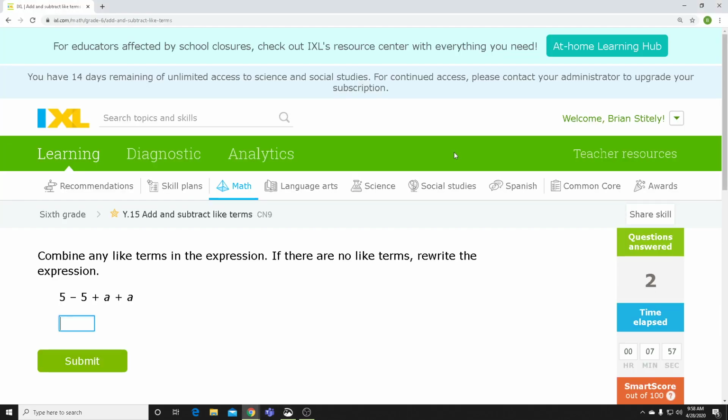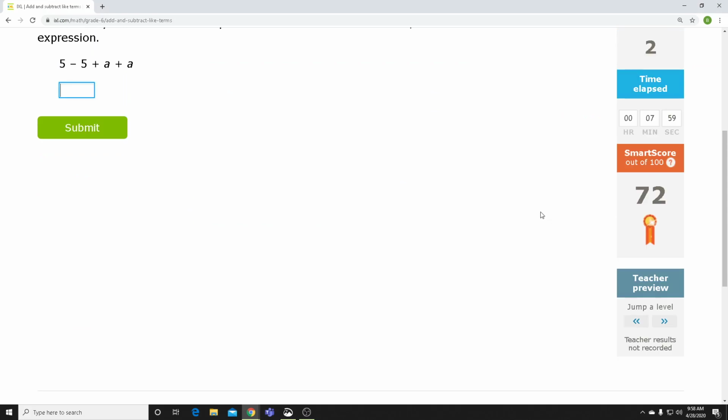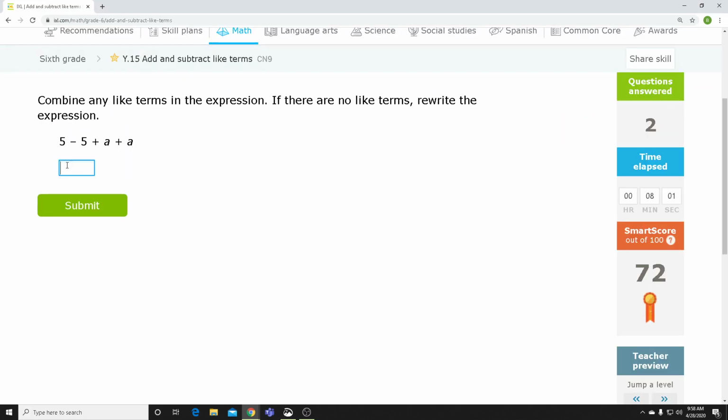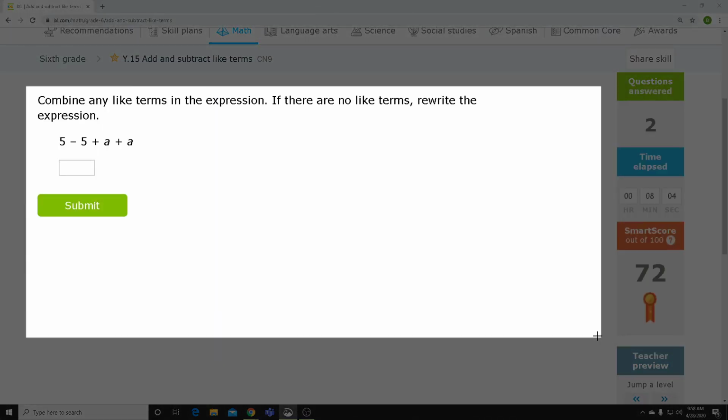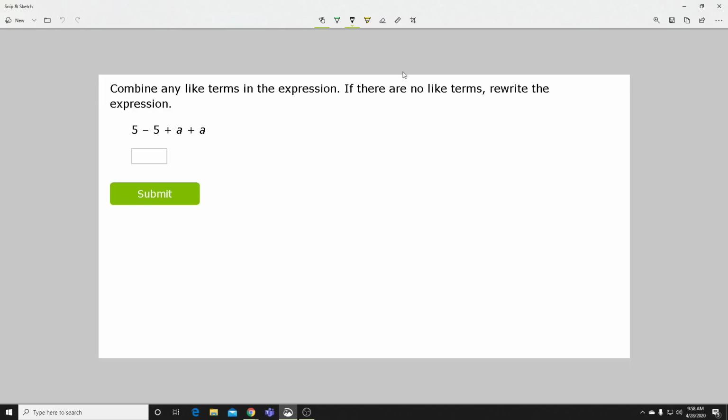All right, let's take a look at a couple others. Let's look at this one. All right, so in this case, now we have numbers and we have letters.